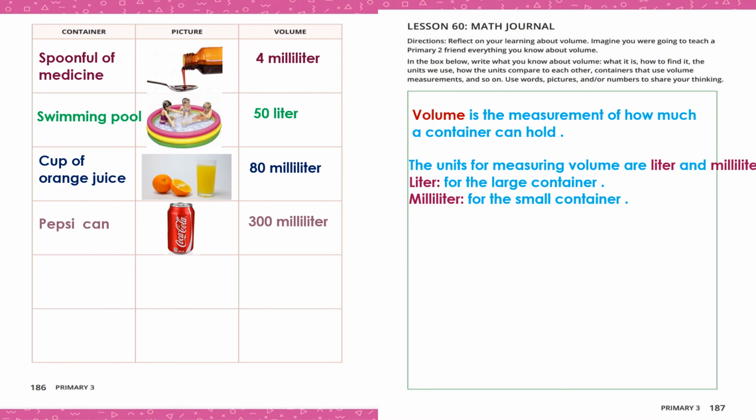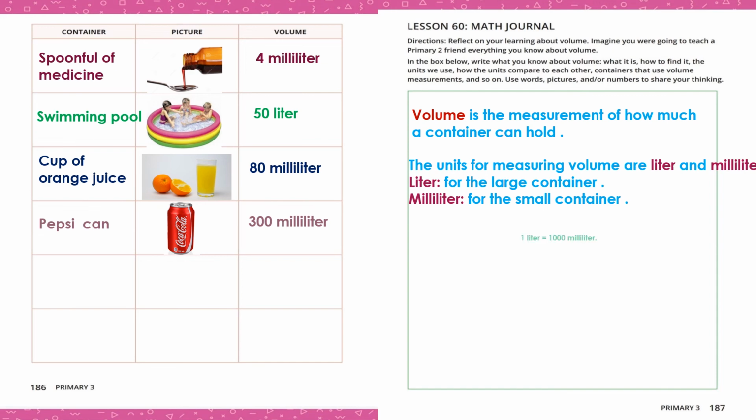The units for measuring volume are liter and milliliter. Liter for the big amount or the large container, but milliliter, we use it to measure the small amount or the small container.